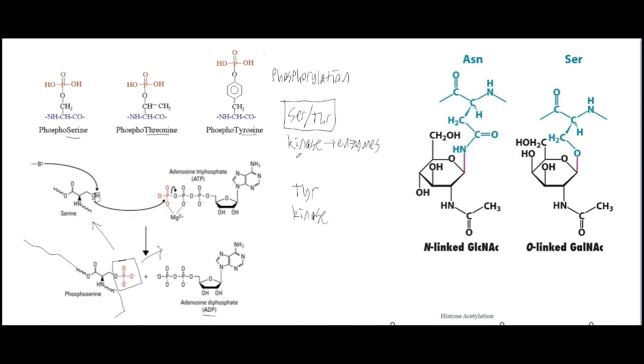And so we have our serine threonine kinases, which are enzymes that add phosphates. So kinases add phosphates, add PO4.